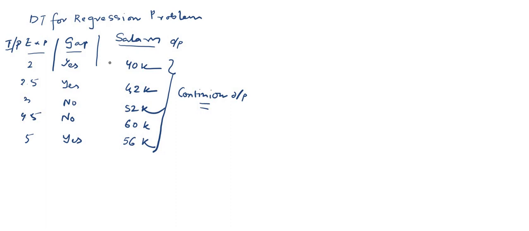Okay, so I think the problem statement is clear, because as of now we discussed the classification problem using the decision tree. So the interesting part here is that it's a regression problem. You have to remember this thing: in this case, we cannot use entropy or Gini impurity.